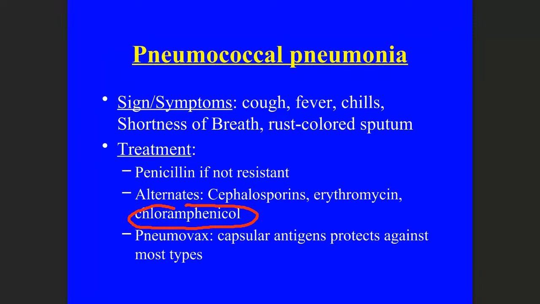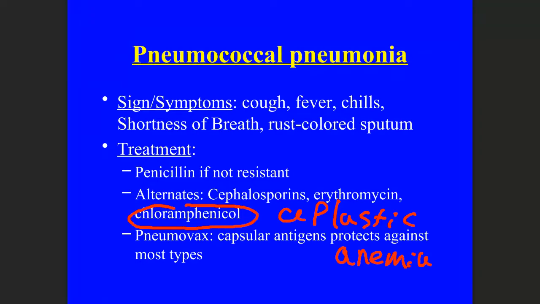But what is one of the problems with giving a person chloramphenicol? Yeah, aplastic anemia. Okay, it's a huge problem where it can affect the bone marrow, destroy the bone marrow, causing a person to have reduced amounts of red blood cells and white blood cells.